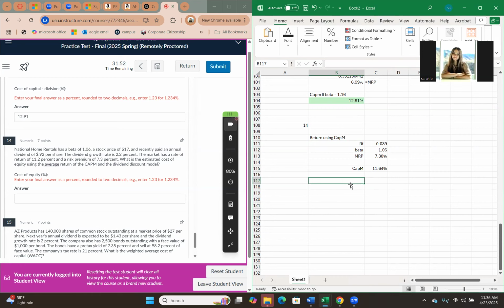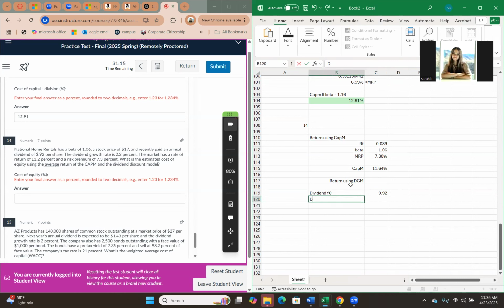Now we need to find the return for the dividend growth model. Dang, that's going to be annoying. I don't know if you guys can hear that, but I can. So for the dividend growth model, the dividend growth rate is 2.2%, and they just paid a dividend of 92 cents per share. Let's call this dividend year 0, which is 92 cents.